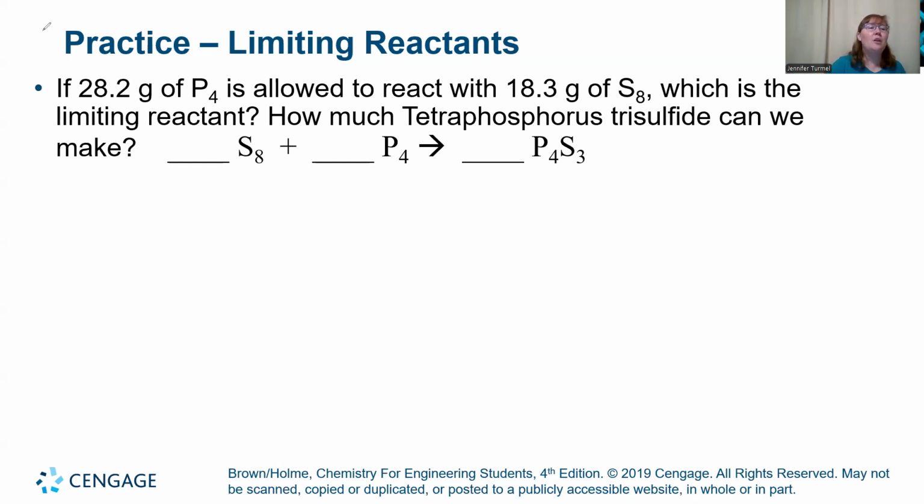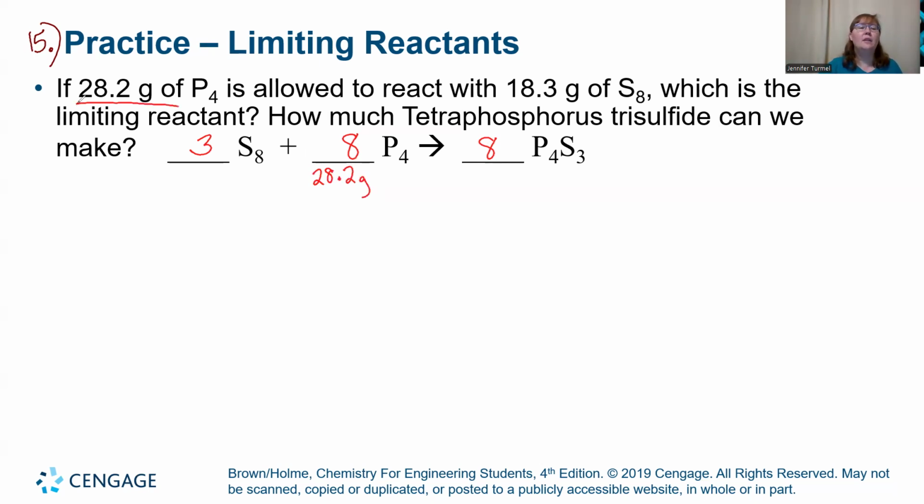All right, so here we are on slide 15. Let's take a look at our balanced equation. This is the same one that we had before, and we already know that we have 3 and 8 and 8 for our balance there. Now it tells us that we're using 28.2 grams of P4.